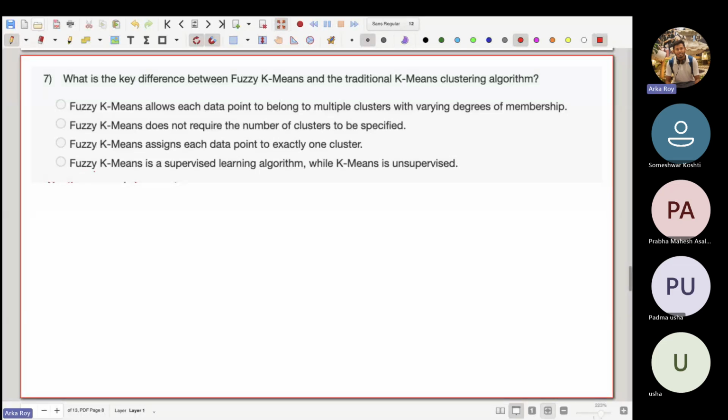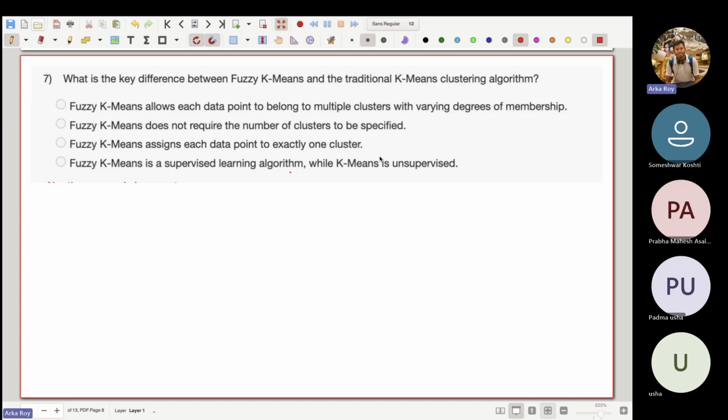Fuzzy k-means is a supervised learning algorithm, while k-means is an unsupervised algorithm. Now, be it fuzzy k-means or standard k-means, these are clustering techniques. Clustering techniques themselves represent the unsupervised regime of learning.